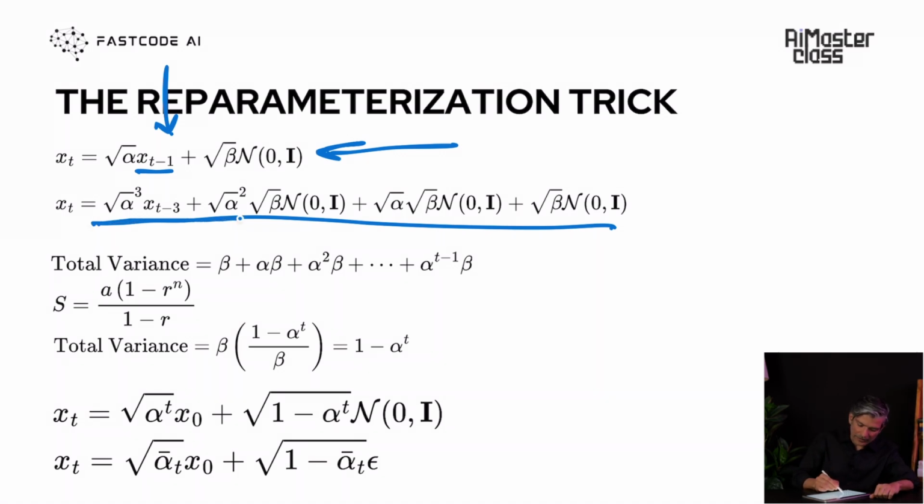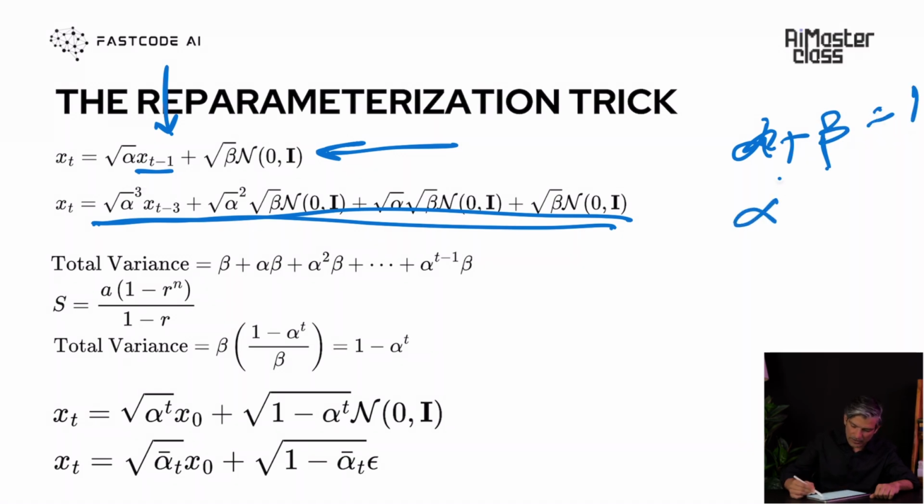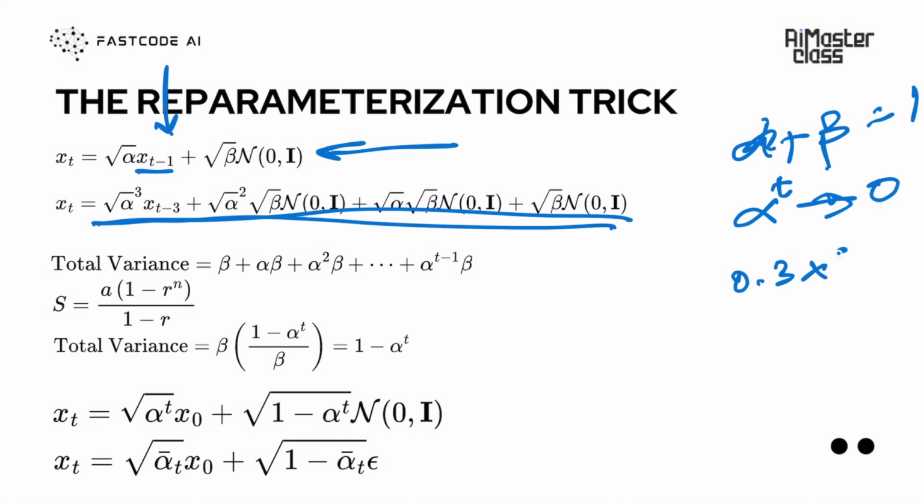Since alpha is less than 1, because alpha plus beta is equal to 1, as there are more and more steps, this alpha to the power t will approach 0, because it's smaller than 1 continuously being powered. So it's maybe 0.3 times 0.3 times 0.3, and so on.